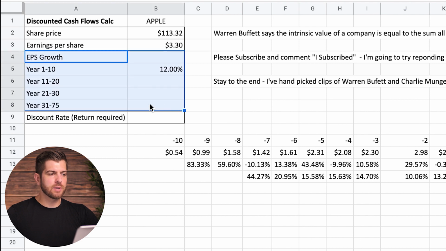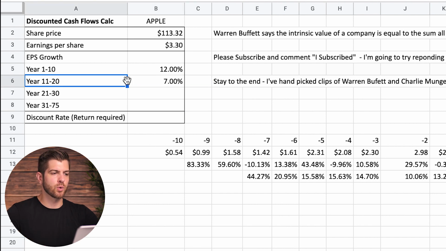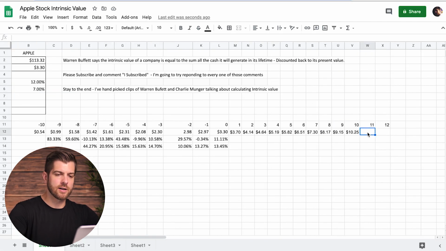Okay, so at the end, we're going to play around with our estimates and see what happens to the final result. But for now, let's just say that in years 11 through 20, earnings per share continues to grow every year, but only by 7% each year, not by 12%. So we're going to say, all right, this number is equal to this plus this multiplied by this.